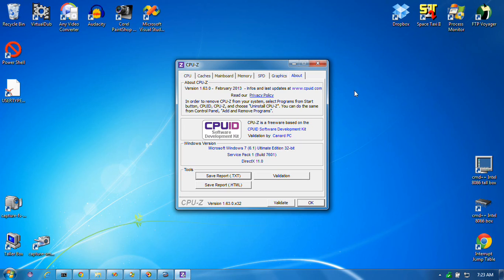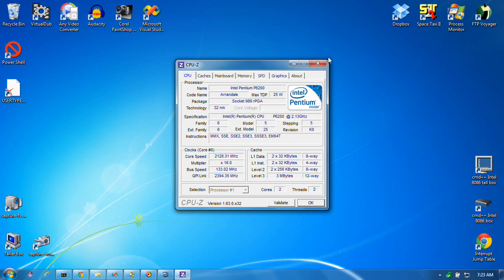But in fact, that's not true. And that hasn't been true for a long time. In fact, the CPU itself is a virtual x86 processor. That is, it's not running an Intel instruction set in the end.